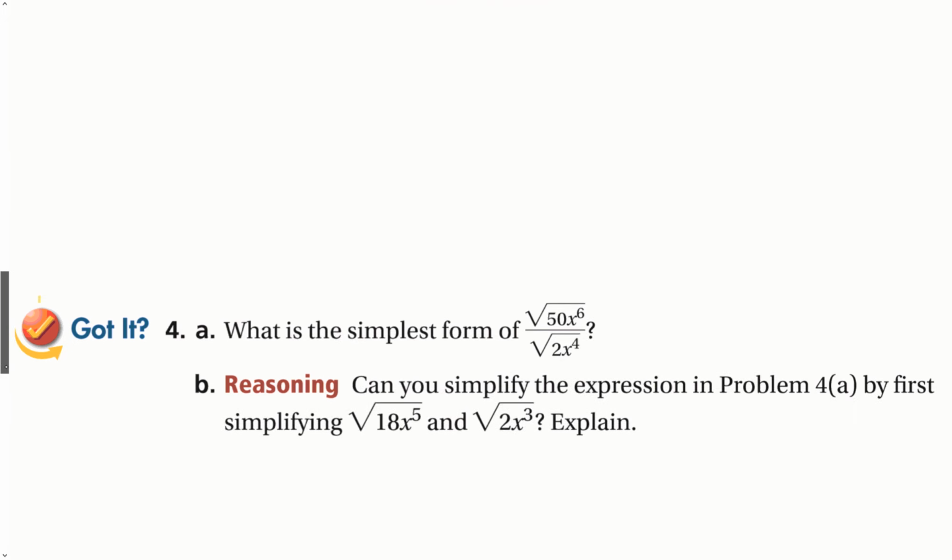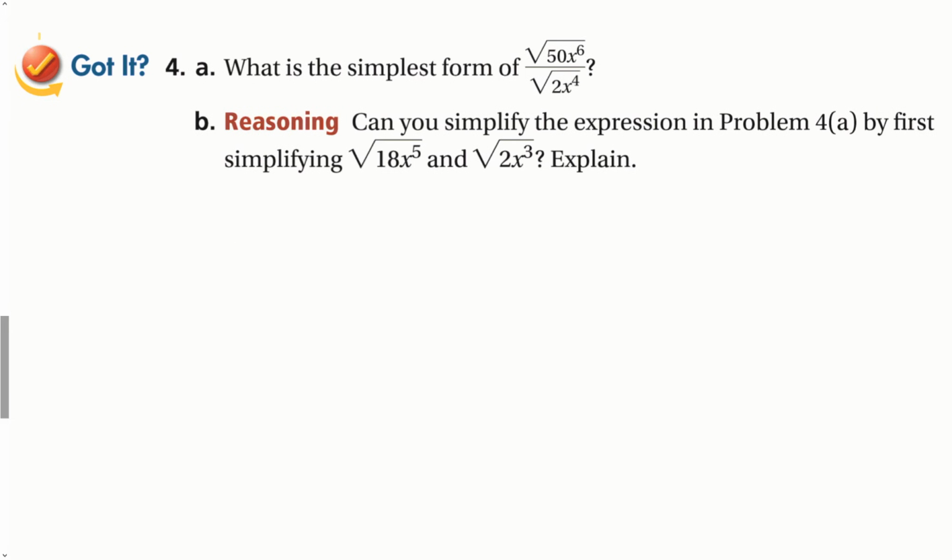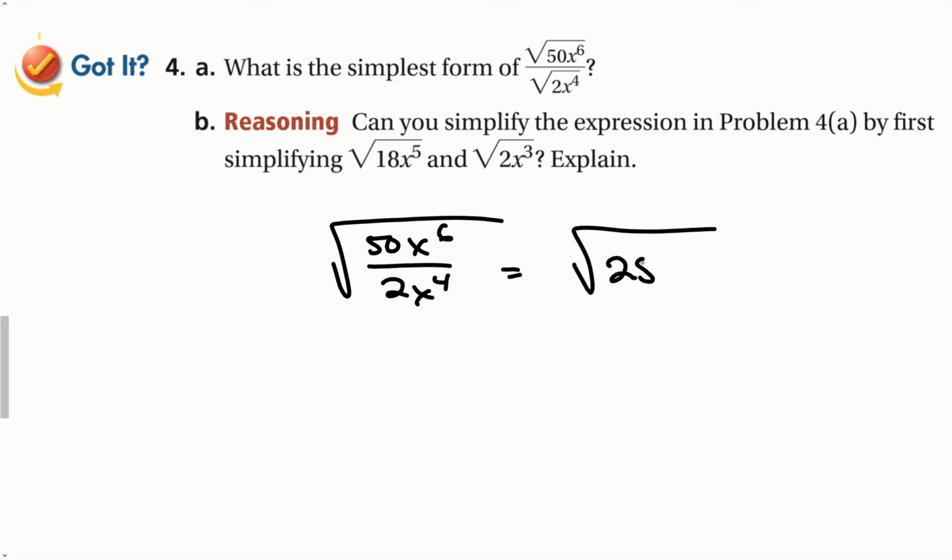Let's try the got it problem. Combine the two first. 50x to the 6th over 2x to the 4th. This is going to work out really nicely. 50 divided by 2 is 25, so we have the square root of 25, x squared, which is 5x. Okay?